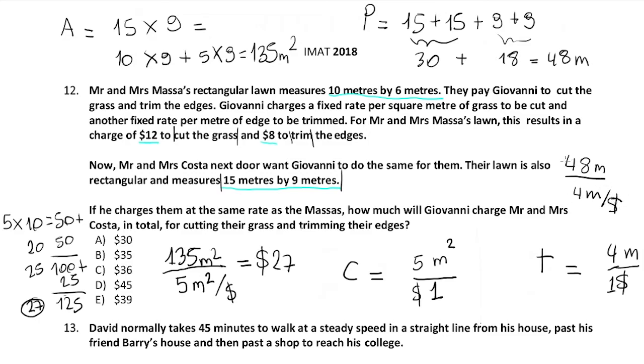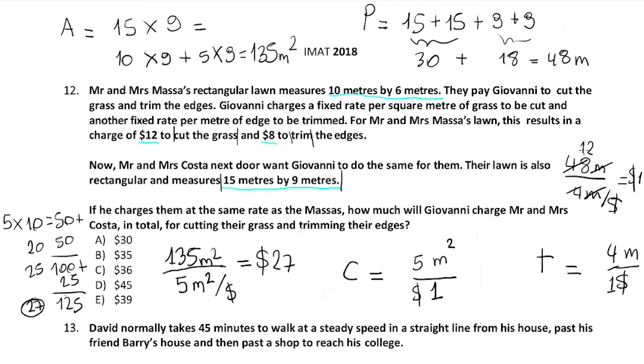So what we get here is that 4 times 10 is equal to 40, plus 4 times 2 is 8, which is equal to 48. So another $12, because this gives us another $12. So this is equal to $12.